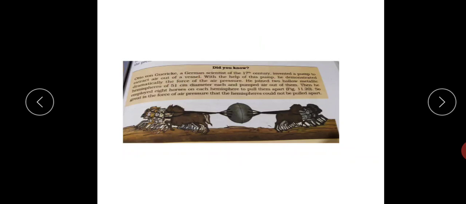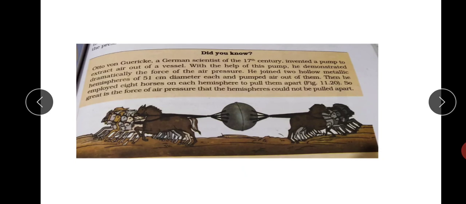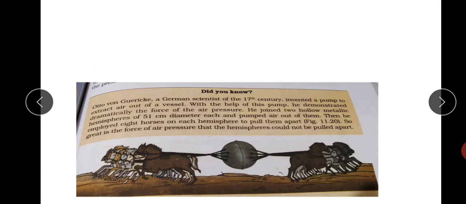Did you know that in ancient times also this atmospheric pressure was noticed? Yes. Otto von Guericke, a German scientist of the 17th century, invented a pump to extract air out of a vessel. With the help of this pump, he demonstrated dramatically the force of air pressure.